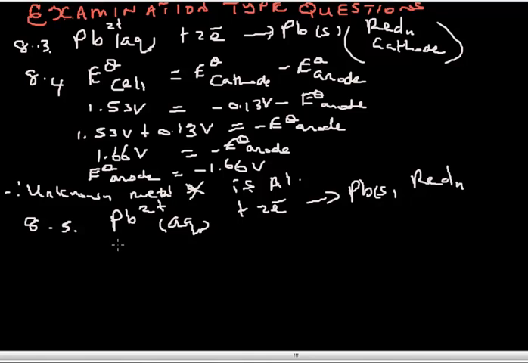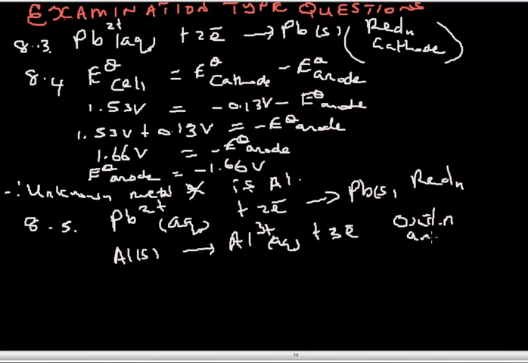And we are having now that one for the oxidation of our aluminium to aluminium 3+ aqueous ions plus 3 electrons. This one is an oxidation reaction which is actually taking place at the anode, right? And this one is a cathodic reaction, right?